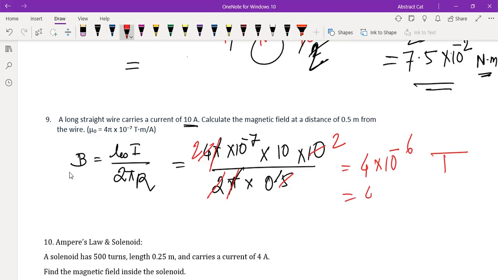So we get 4 micro Tesla, a very small number, because Tesla is a very large unit.